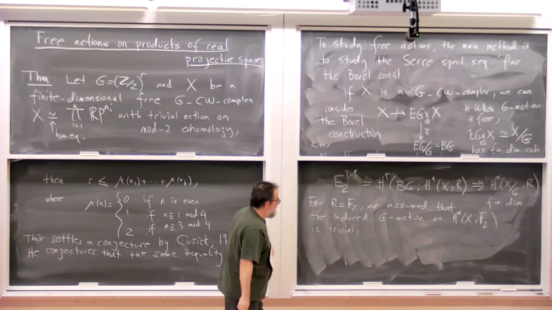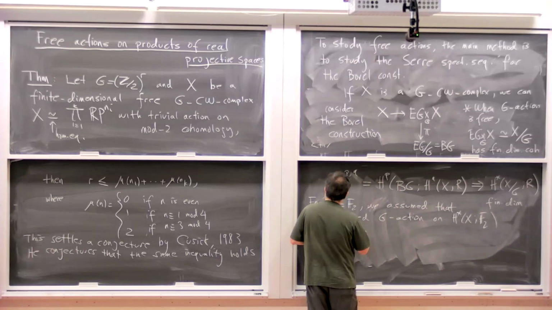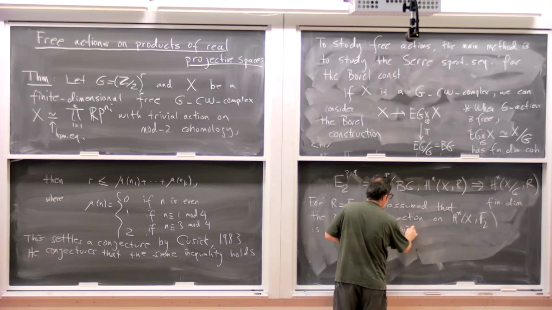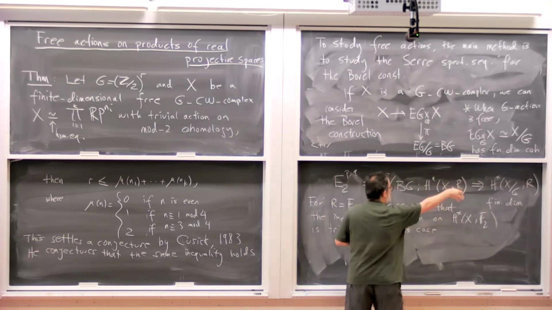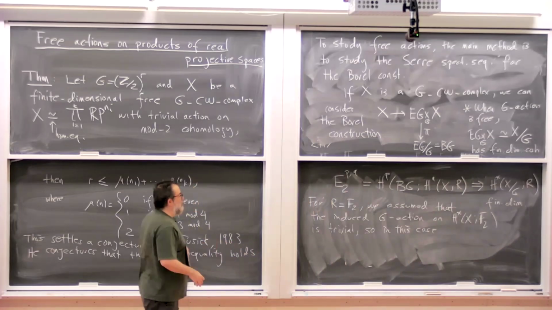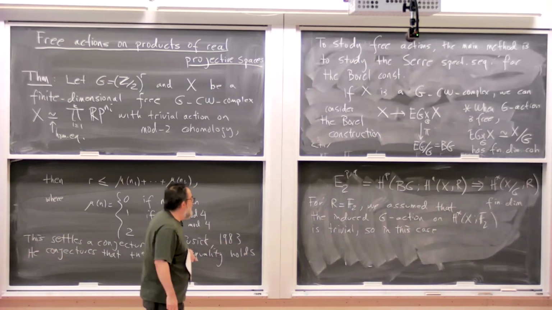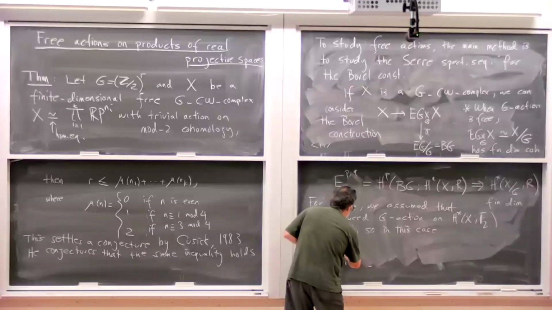So this is a very special case. In this case, we have no actual non-trivial action. We don't have to deal with local coefficients. So we have just a product.